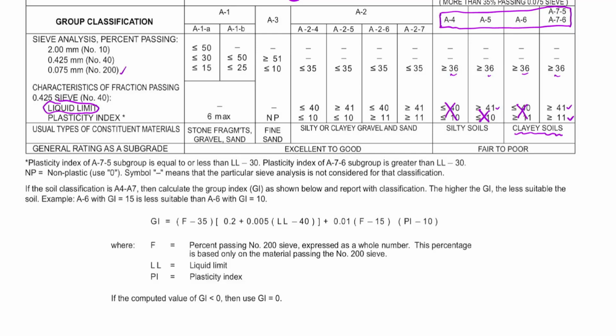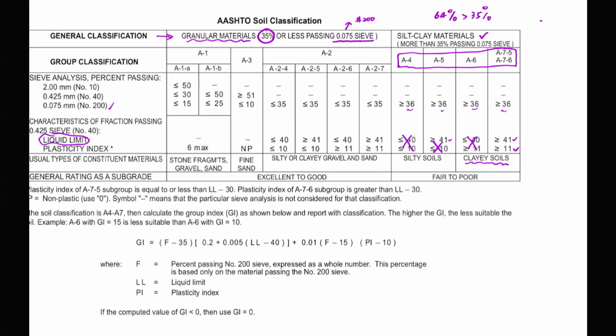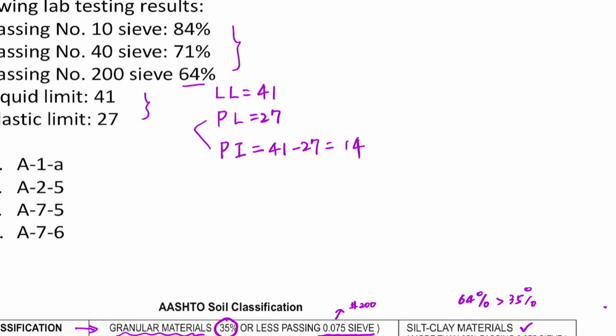If it's A-7-6, your PI should be greater than LL minus 30. Going back to our problem, our LL is 41, so LL minus 30 is 41 minus 30, which is 11.